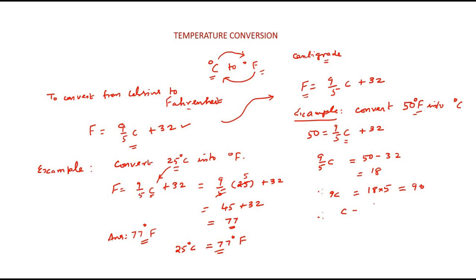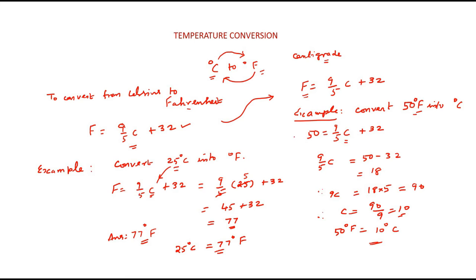Therefore C is equal to 90 by 9, which is equal to 10. So it will be 10 degrees Celsius. 50 degree Fahrenheit will be 10 degrees Celsius. So you can write the final answer as 50 degree Fahrenheit is equal to 10 degree C.